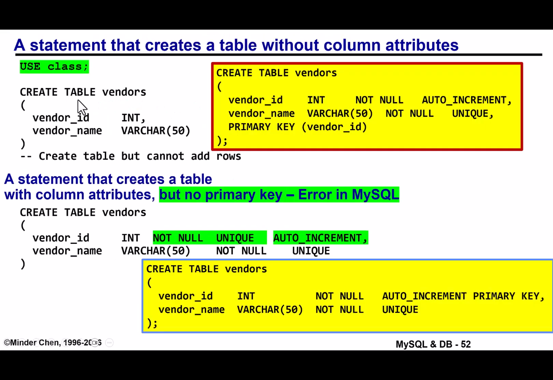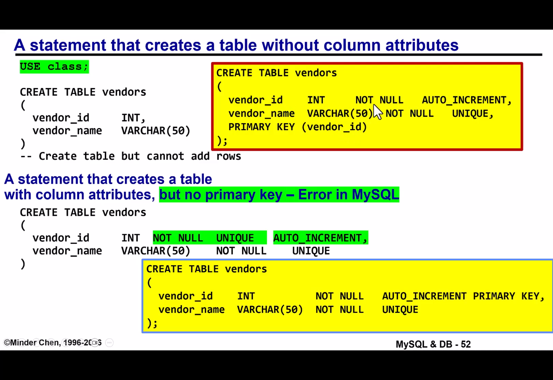Okay. So this is just an example using that test1 database. We did this. Okay. If you have to write SQL, you create a table. That's the data type. Okay. Here, I did not specify a primary key. You can do it, but it's better that you specify the primary key, which is the vendor ID.